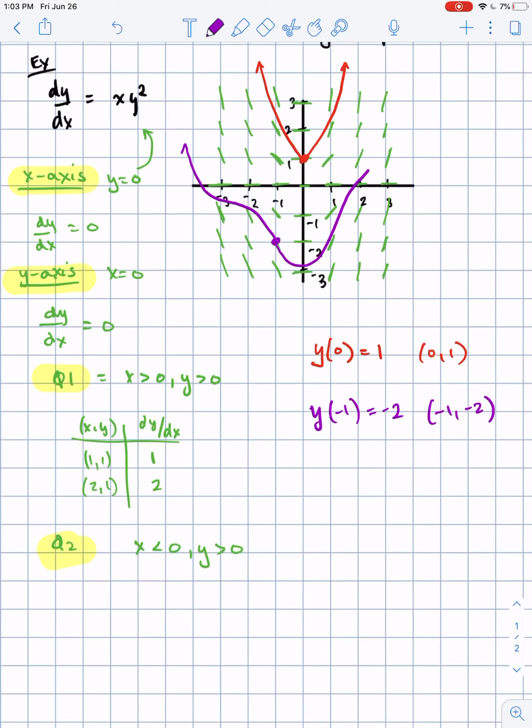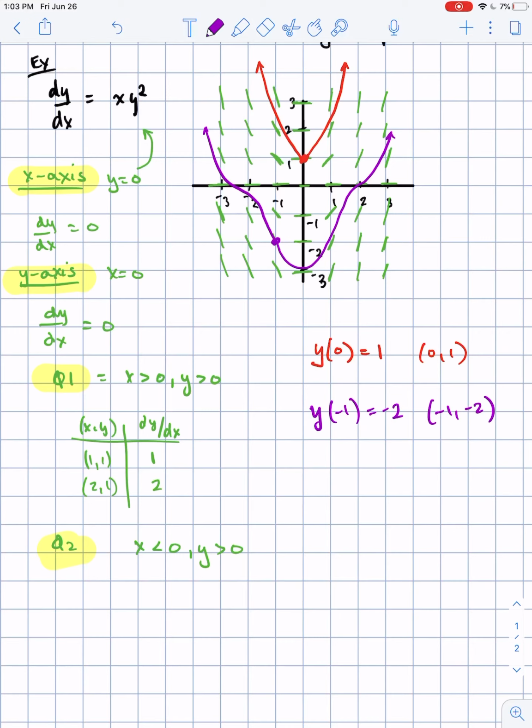I probably should make this go up a little more. Let's try this again. You're coming up, slope of 0, and then follow. This one's going down, slope of 0, come through, slope of 0, and then follow it up.